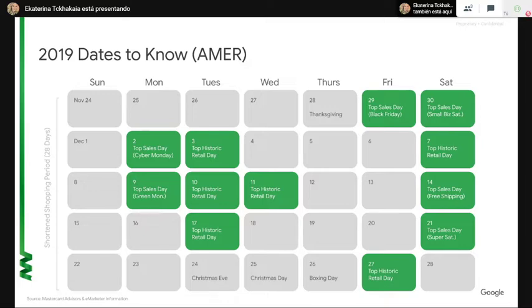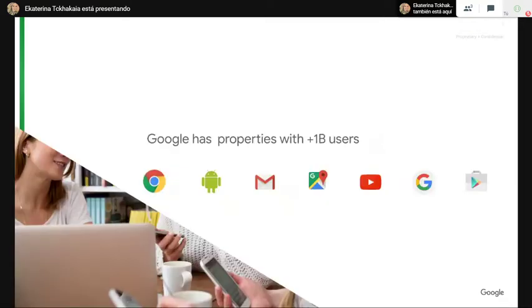to make sure there's planning in place, and you're utilizing the opportunity across all of these dates depending on your business and on the types of possible promotions that you might be running. And this calendar represents some of the crucial dates for the Americas specifically. With over 1 billion users across 7 platforms, Google allows you to reach the right audience at the right time.